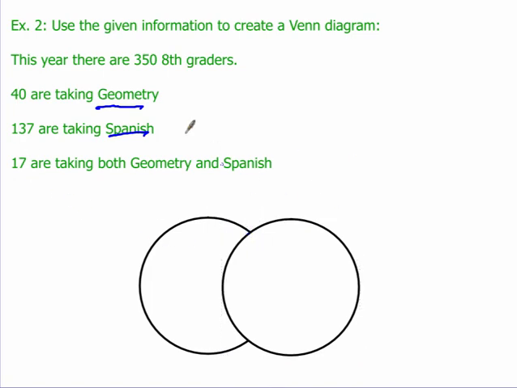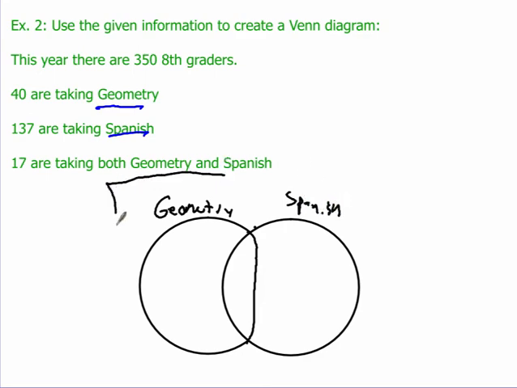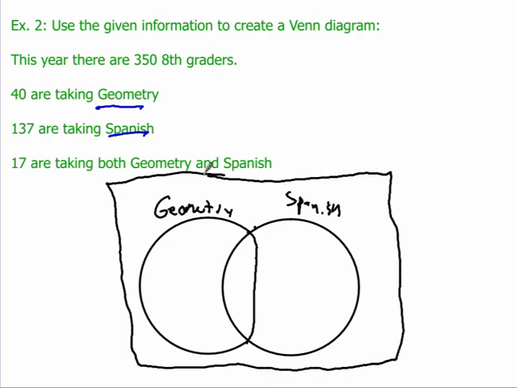I'll draw in their overlap for us here. Good enough. Okay, so let's call this one geometry. We'll call this one Spanish. And I'm going to put a box around these, and I'll show you why in a minute. All right. And I'm going to call my box the 8th grade.